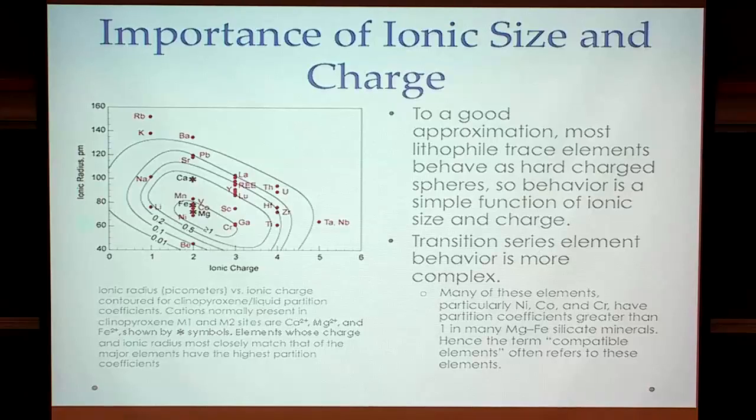Silicon's typically too small for the site to accept substitution. So these are the substitutable sites. And the more different an element is in, say, its size, barium's really big, so it has a very small partition coefficient. On the other hand, tantalum and niobium are about the right size, but they're highly charged, +5. They can't substitute into that site, which normally wants a +2 ion.